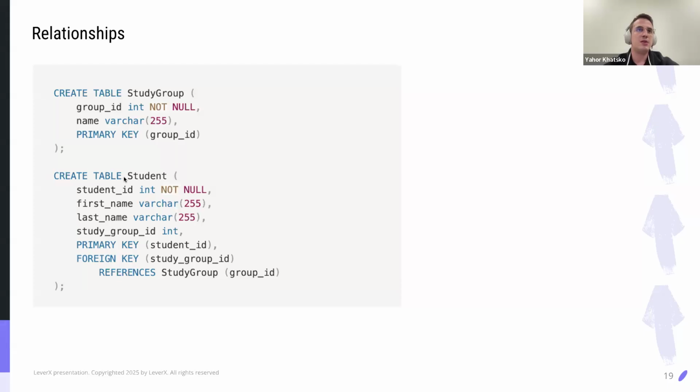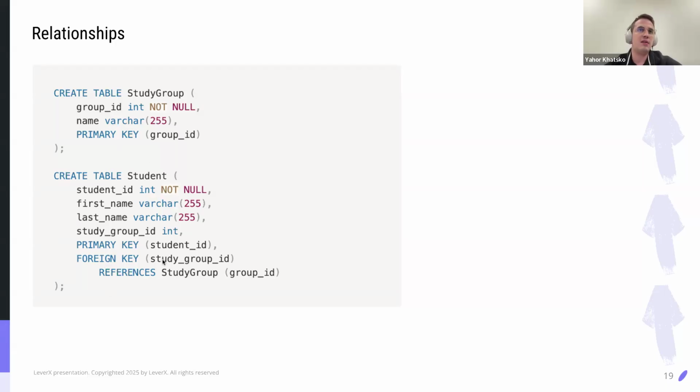In the student table, we have a study group ID, which is a foreign key to the study group. So that's how the relation is established, with an additional field in the student. With that additional field, we can point a specific user to a specific group by storing the ID.